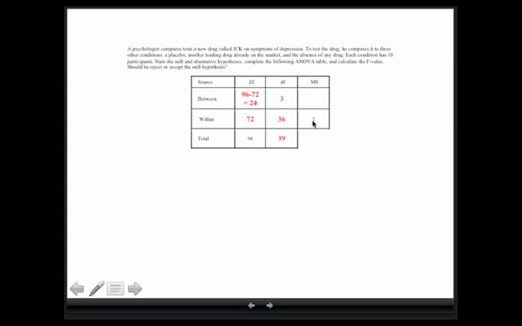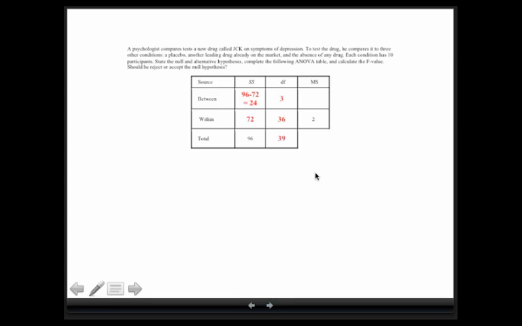So you can also work that the other direction. Instead of dividing, if you multiply your mean square by your degrees of freedom, you'll get your sum of squares. And you can check this going the other way. So if you take 72 divided by 36, you'll get 2. Then for your sum of squares between, remember that these 2 values need to add up to 96. So you can take 96, subtract out 72, and you will get 24.